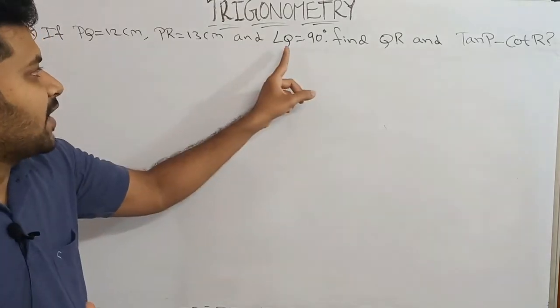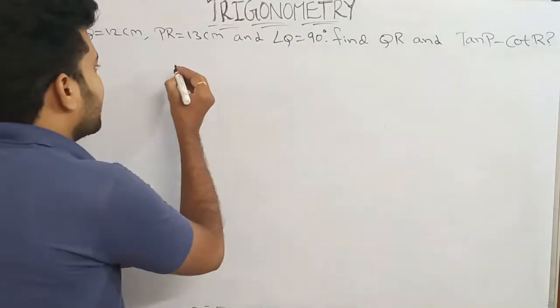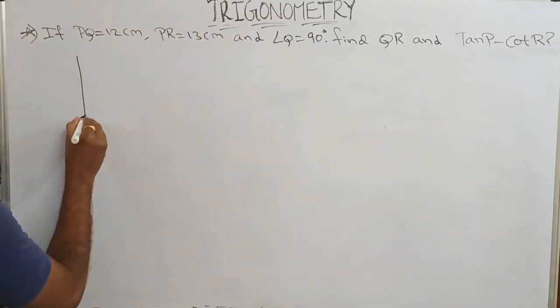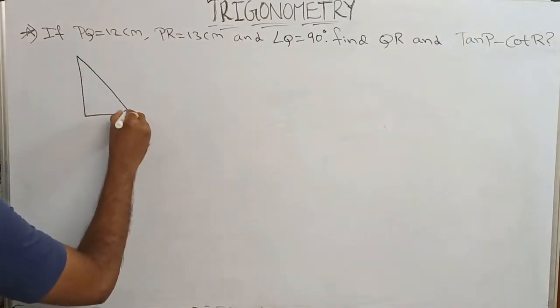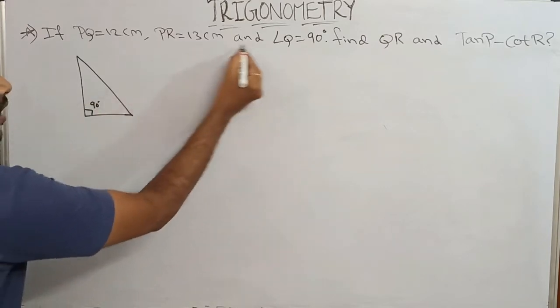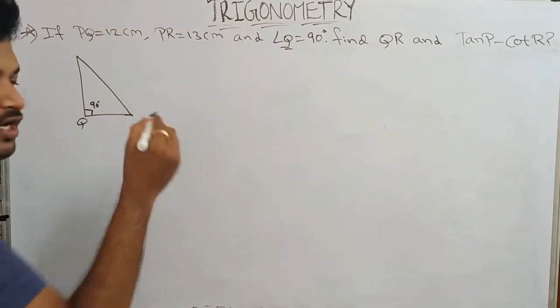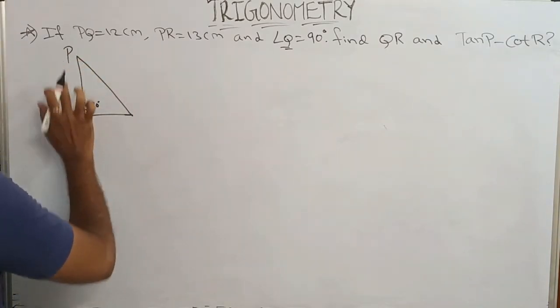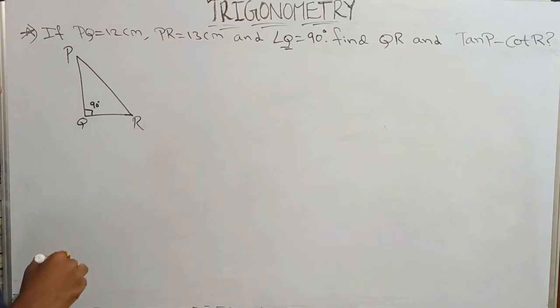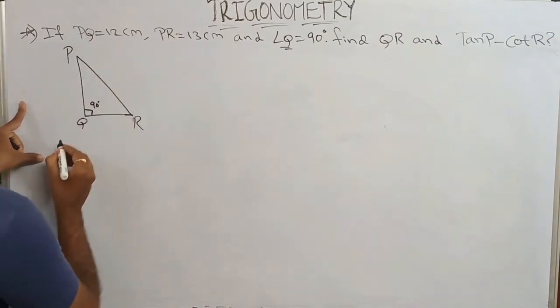So next, angle Q is equal to 90 degrees. So we know that in trigonometry the triangle will be a right-angled triangle. So here it is 90 degrees at angle Q. So let's start with the triangle PQR. Let us write the data here.